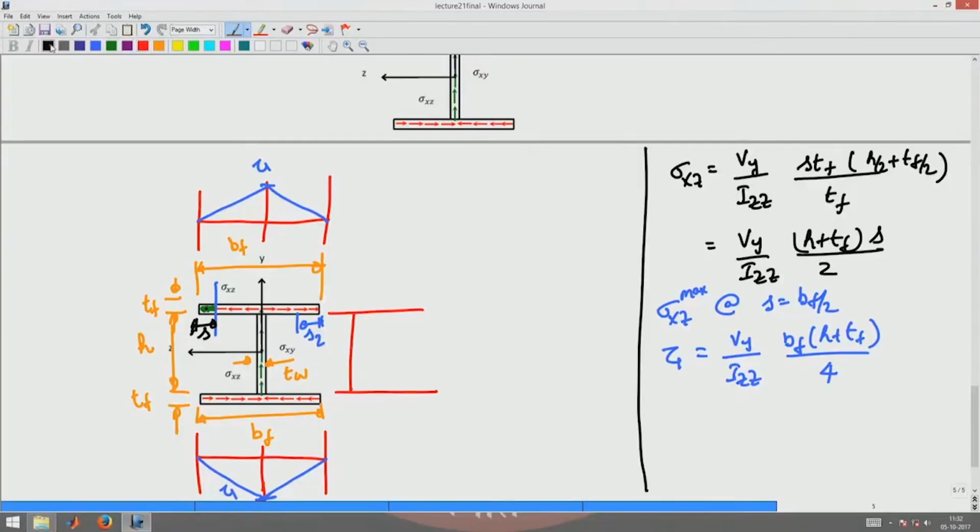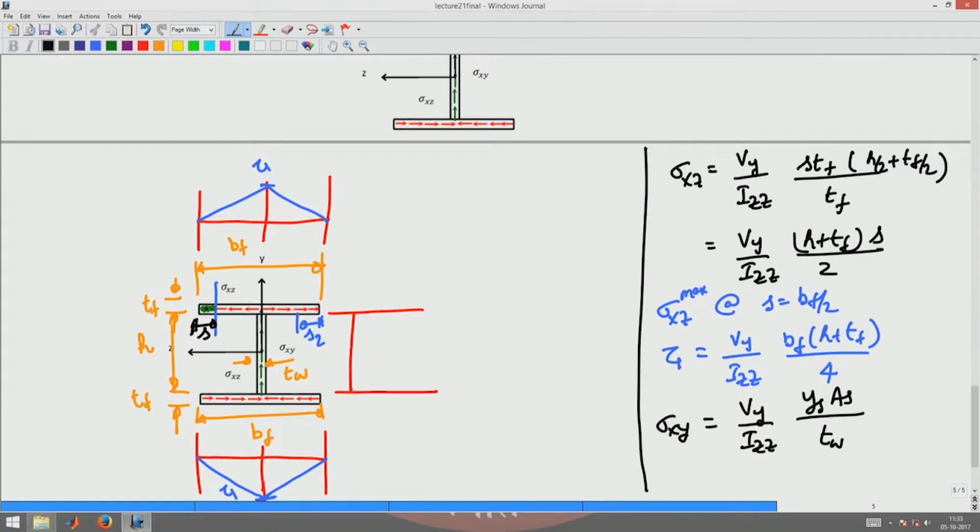Since it is similar to a thick walled cross section, you will have sigma xy, that is the direction of that shear stress, again given by Vy by Izz into Ys into As divided by the thickness of the web, because that is the B. When I am looking at the web, I have to consider the entire flange area and a portion of the web area.